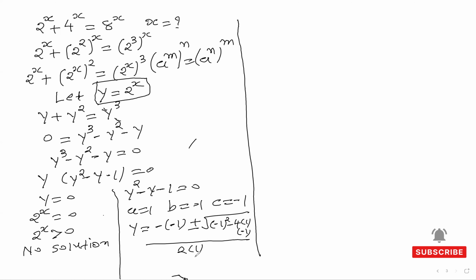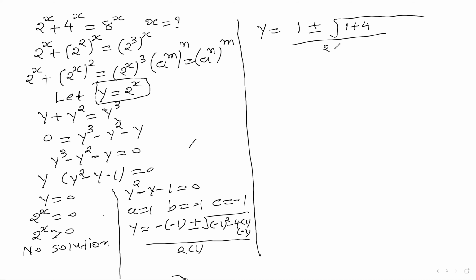So we'll try to work out here, which is going to be y equal to positive 1 plus and minus square root 1 plus 4 over 2. So I got two answers. Y equal to 1 plus 4 will be 5, so it will be 1 plus root 5 over 2.